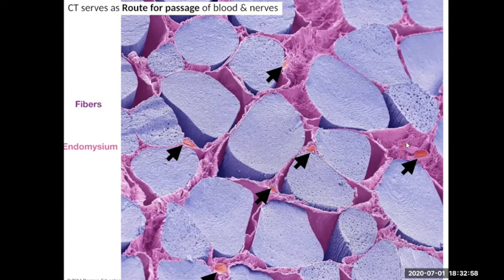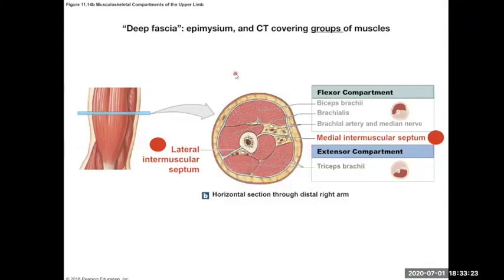It's a kind of aqueous or gel-like substrate that the oxygen and nutrients are diffusing through to actually reach the muscle cells right there, right? So again, that's a major common role of connective tissue. So serves as a route for passage of blood and nerves is the bottom line right there in so many short words. Last thing I want to mention about the role of connective tissue.